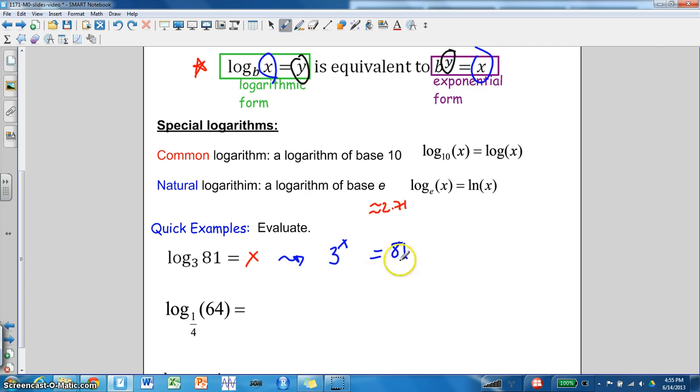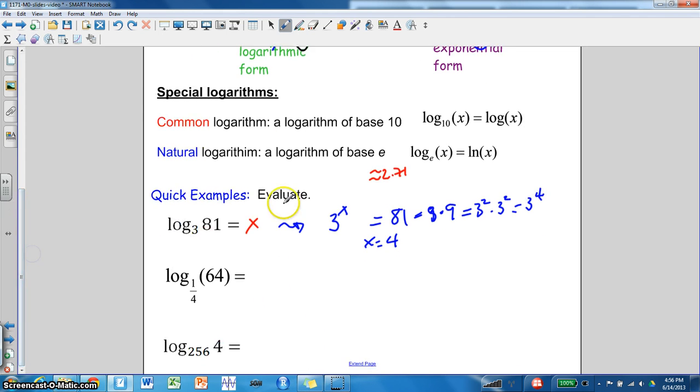Another way I could see this is I could represent 81 as 9 times 9. Then each 9 is really 3 squared. Using laws of exponents, that's 3 to the 4th. So I can just say x is going to equal 4, and I'm done with that problem.